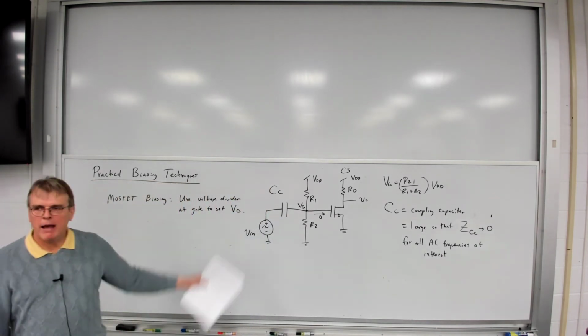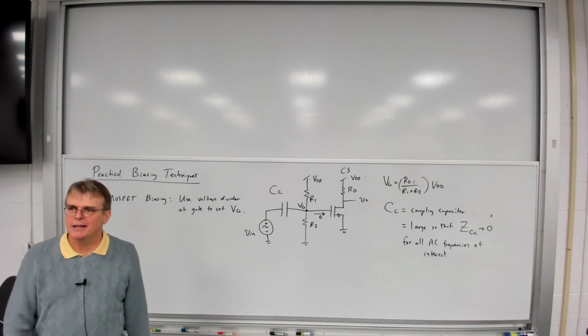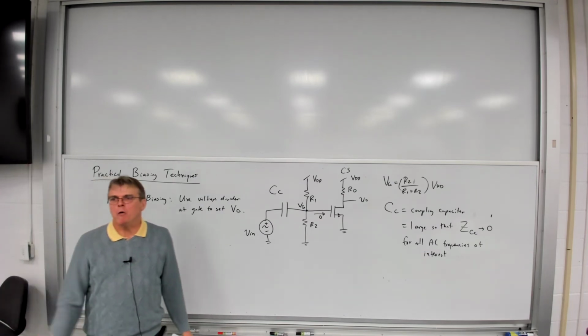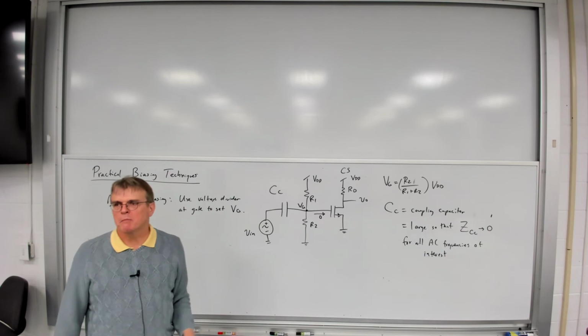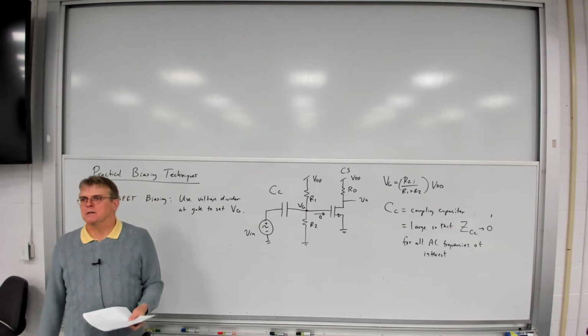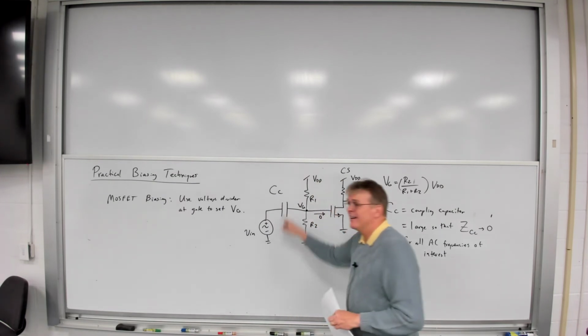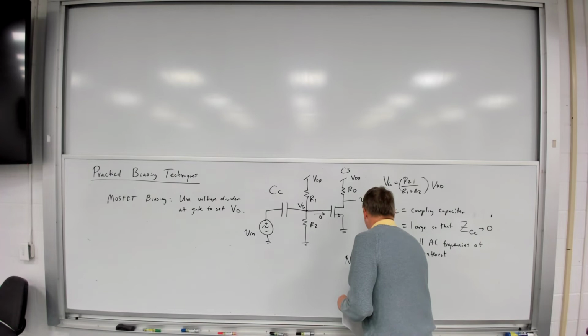And typically in the lab we'll use like 10 and 100 microfarad type capacitors. And if you calculate the impedance of those at 1 or 10 kilohertz, you're talking about an ohm, a few ohms at most of magnitude, which is negligible compared to the resistances in the circuit. So the nice thing about this is C sub C blocks DC current.